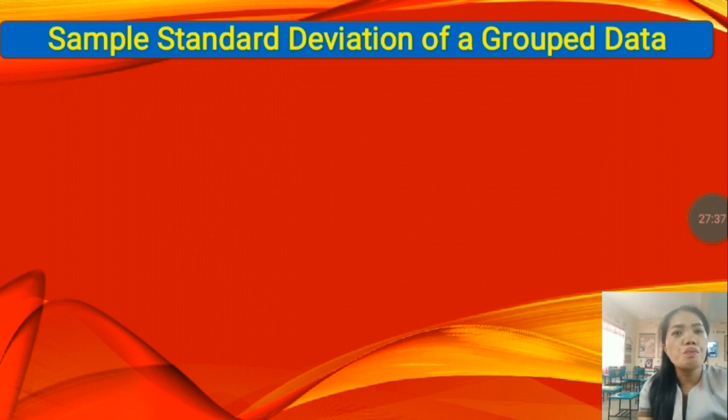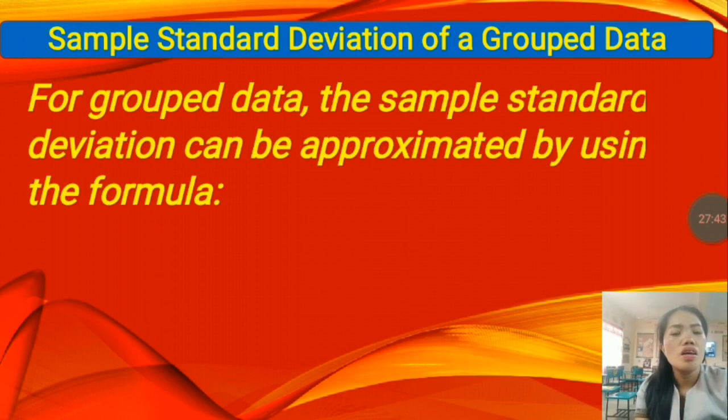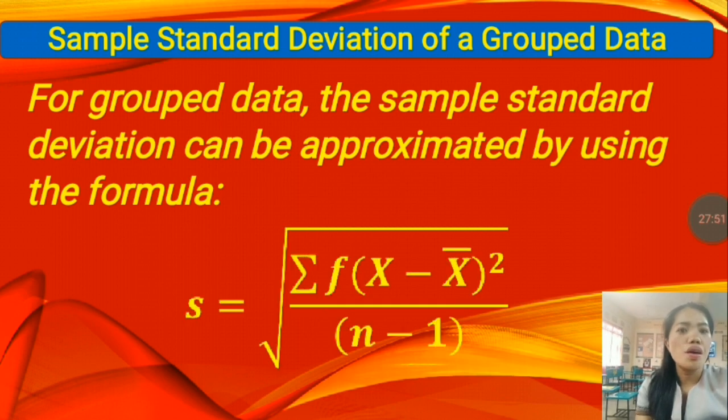So now we will proceed to the sample standard deviation of grouped data. Now, for grouped data, the sample standard deviation can be approximated by using the formula. We have that one: the sample standard deviation is equal to the square root of f times the quantity of x minus the mean, squared, all over n minus 1.